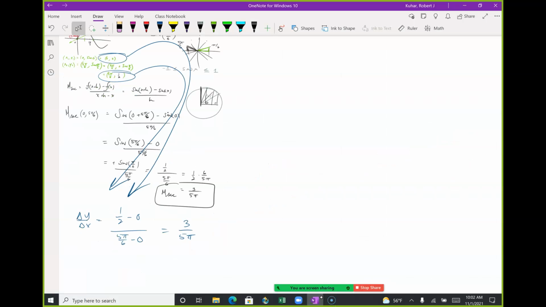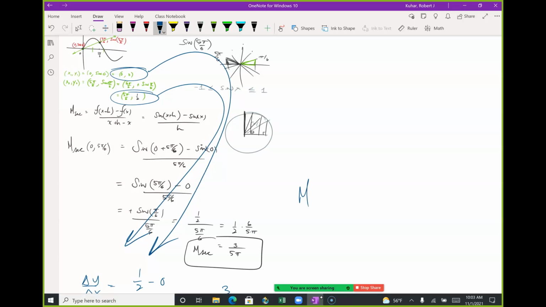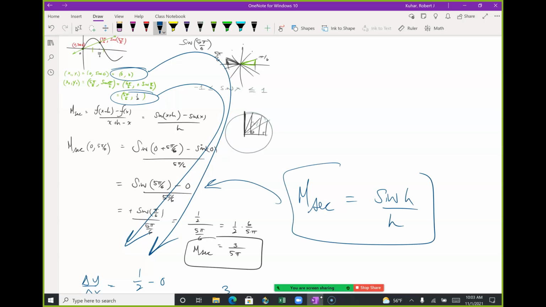So again, what did I get for my secant slope? I got sine of H over H. Right here you can see it. This is a very important function in Calc 1. Sine of x over x, right?